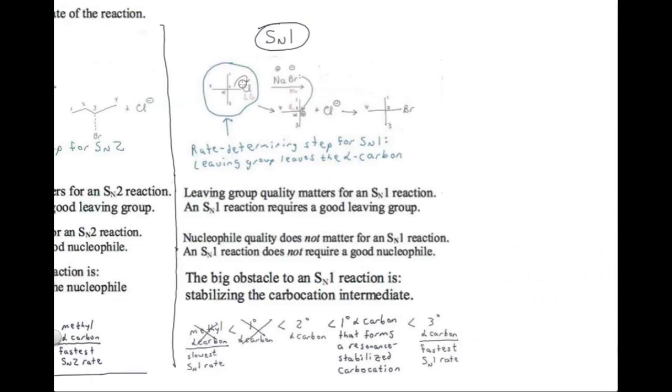Here is the first rate determining step for an SN1 reaction, where the leaving group leaves to form the carbocation. The nucleophile doesn't participate in this first rate determining step, and that's the reason that nucleophile quality doesn't affect the rate for an SN1 reaction.